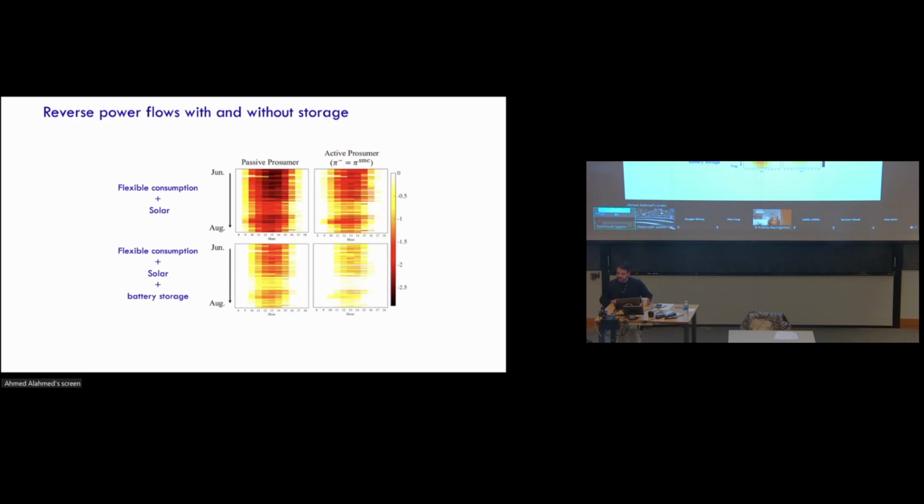Sorry, could you repeat the question? So what are you assuming about pricing? How are these prices set? So you're looking at the consumers reacting to the prices that are also time varying? Yes. So you have time varying prices. The prices are not uncertain. For residential customers, the prices have to be announced ahead of time.